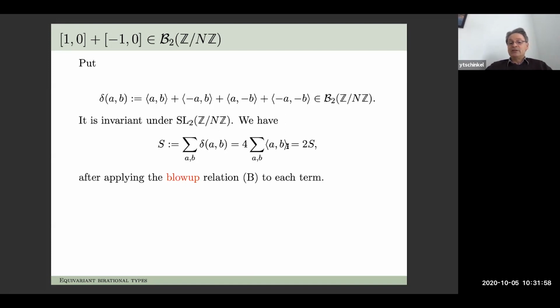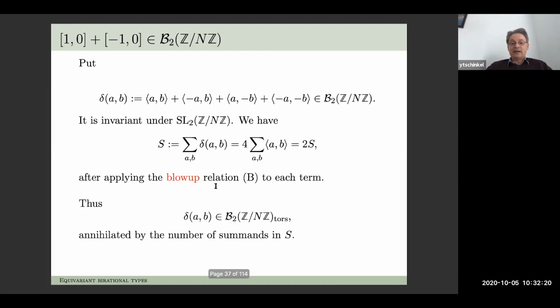It's 4 times this. And now we can apply the blow-up doubling relation to each term. And we have the same sum with twice as many terms. So in other words, S is equal to 2S, which means that S equals 0. And since all the deltas are the same, we find that delta times the number of elements in this sum is 0.